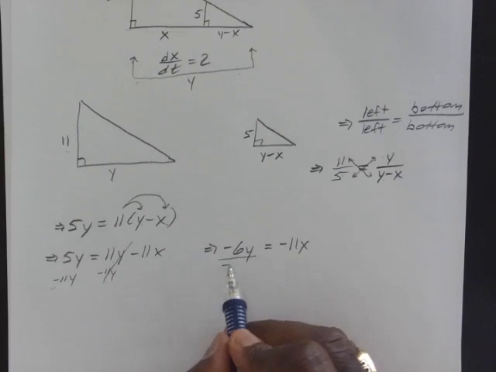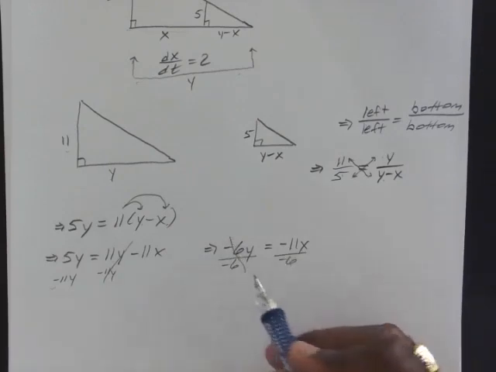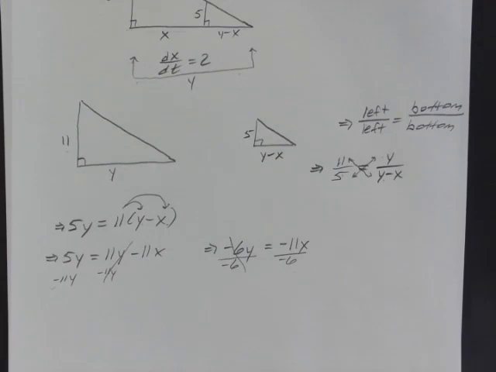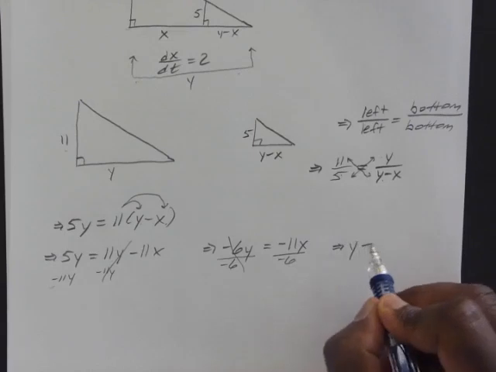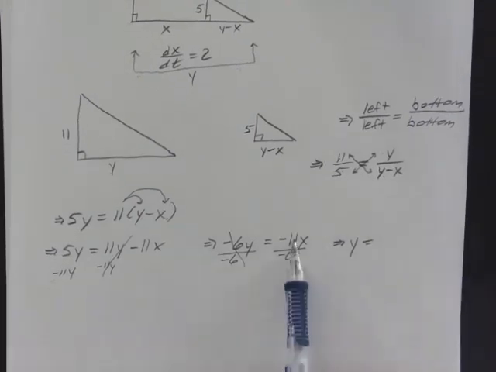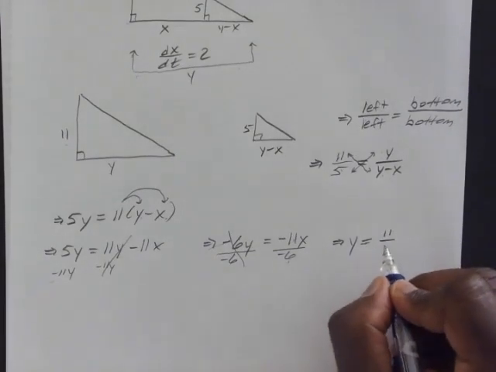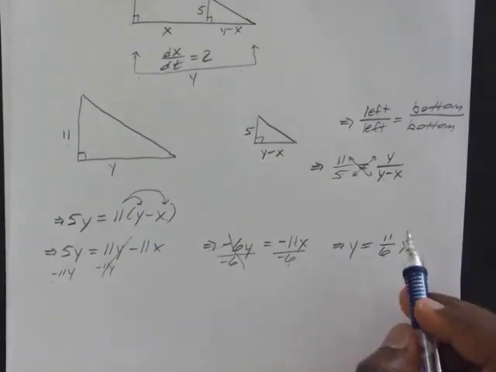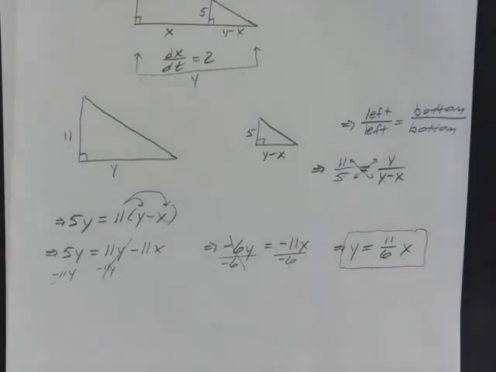So if we divide both sides by negative 6, negative divided by negative is positive, so y is equal to 11 over 6 x. So it took a little while, but we finally have our primary equation.